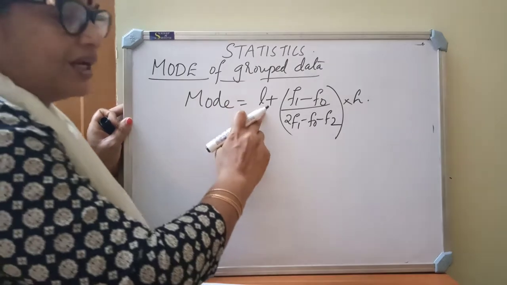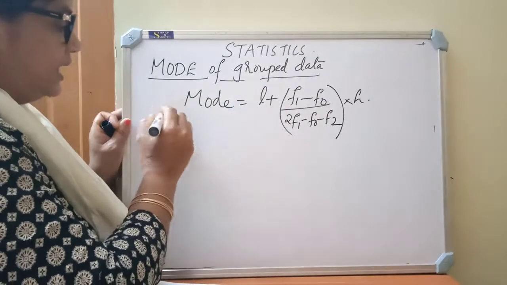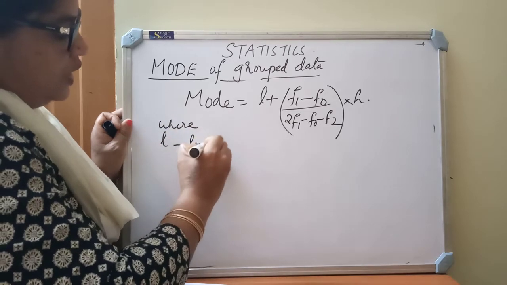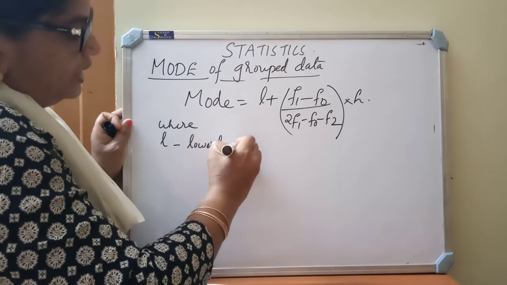L is the lower limit of the modal class.